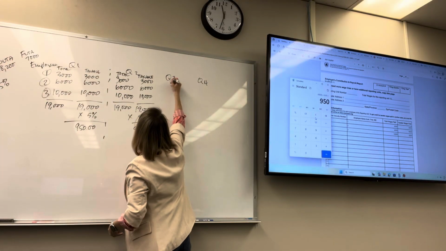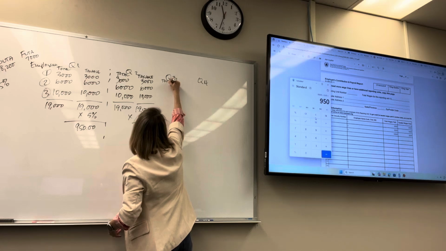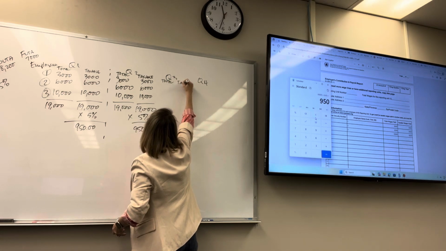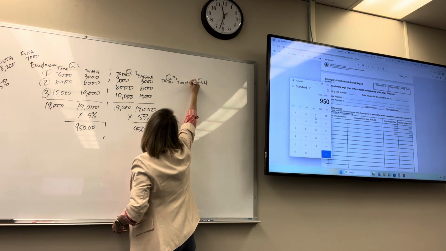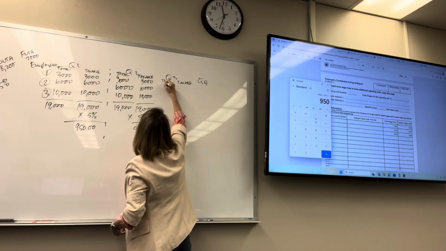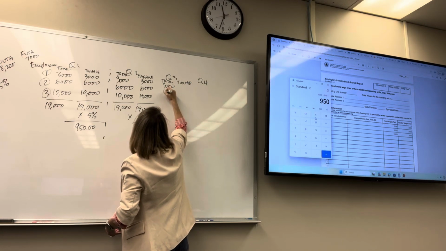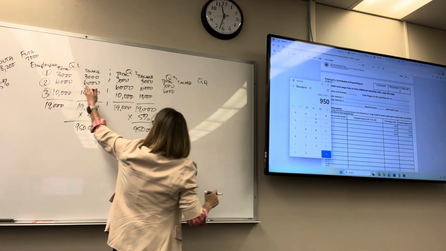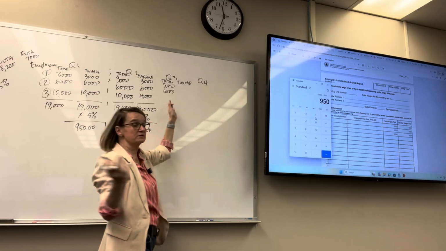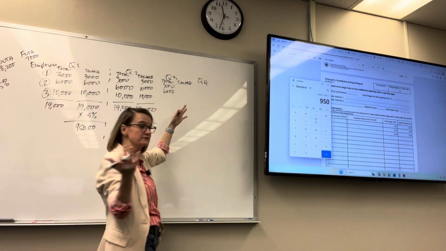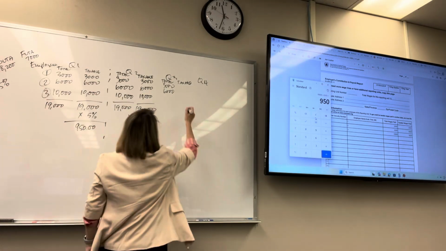So we've got, again, quarter 3. Taxable. Because cumulatively, this employee has earned $9,000, obviously well under the $38,200.